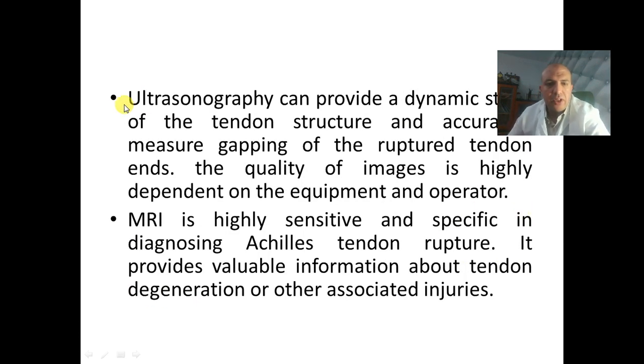Ultrasound and MRI can aid if the diagnosis is uncertain or the history is inconsistent. If you can't judge your diagnosis, you can do ultrasound, but as usual it is operator dependent, or go directly to MRI.